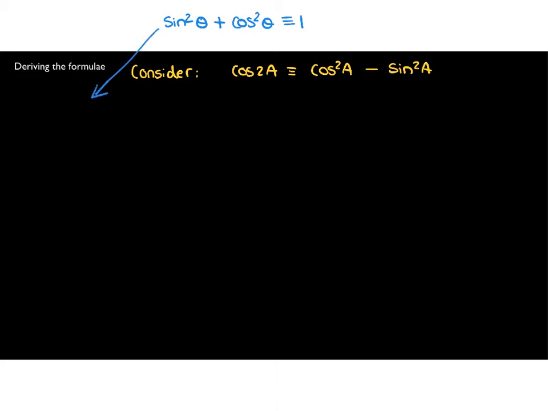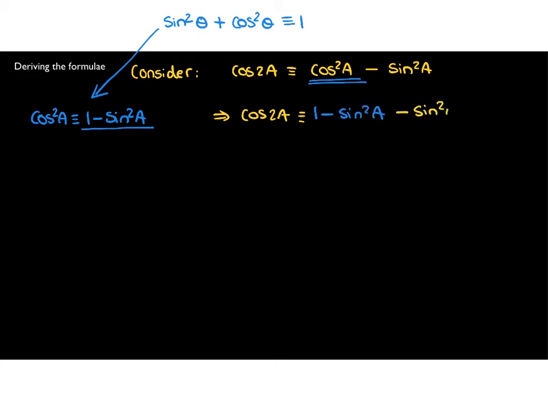So our Pythagorean identity here tells me that cos squared A must be equivalent to 1 minus sine squared A. And what I'm going to do is replace cos squared A with 1 minus sine squared A. So this now tells me that cos 2A is equivalent to 1 minus sine squared A minus sine squared A. Now, look at these two parts here.